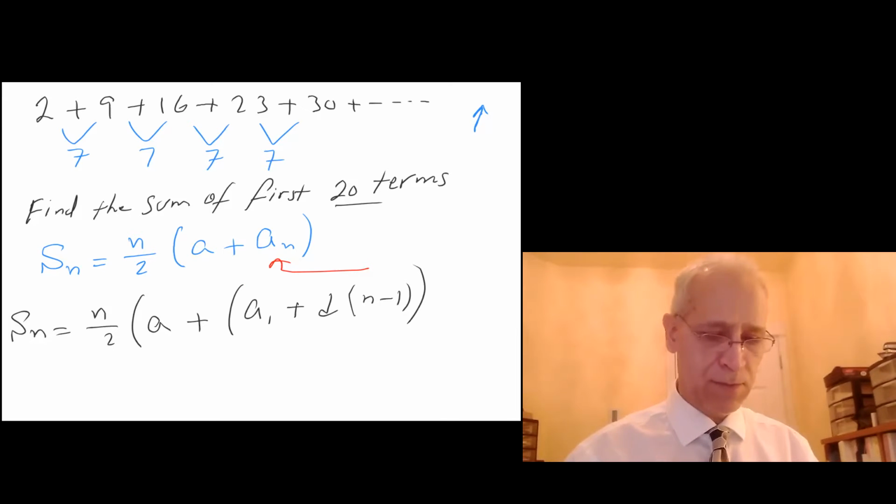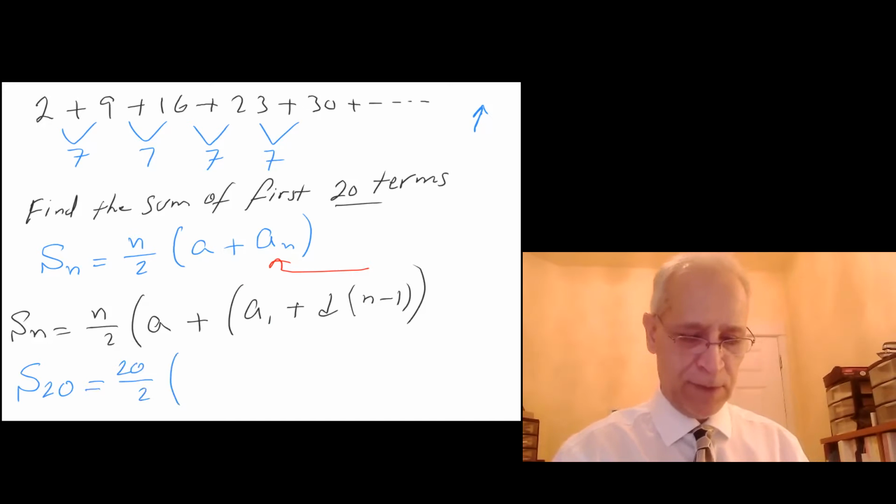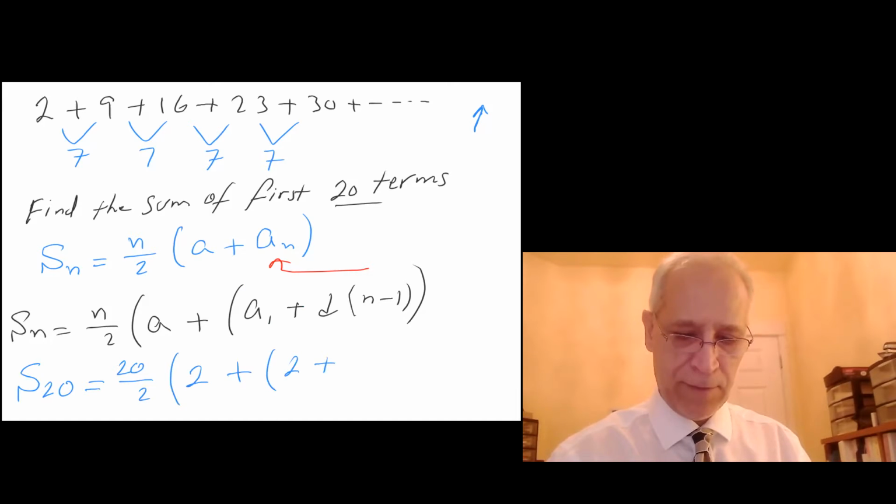So S sub 20 equals 20 over 2 times (the first term, 2, plus the common difference 7 times (20 minus 1)).